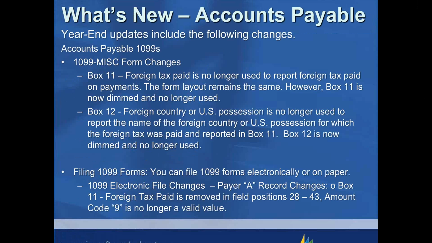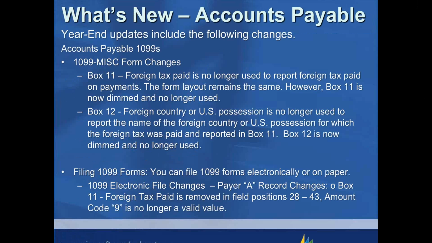So that's box 11 and box 12 on the 1099 report. And the form itself does not change. It's just a matter of having those fields disabled or unused. So you may or may not need to apply that change.